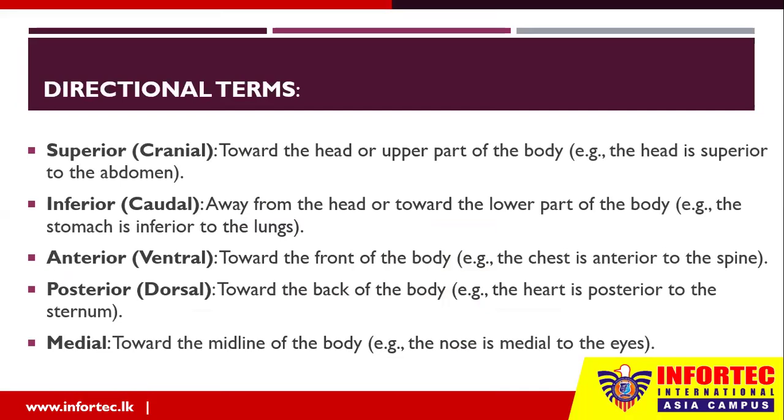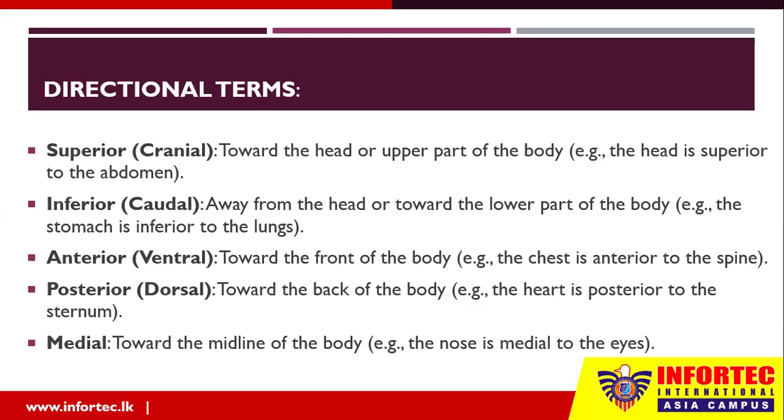Now we are going to describe directional terms, right? So the first one is superior, or cranial. It means simply above or toward the head, right? Superior means towards the head or to the upper part of our body. So for an example, our head is superior to the abdomen.